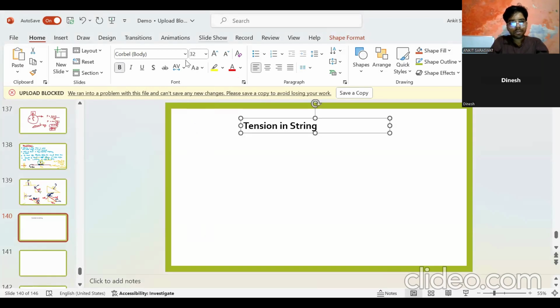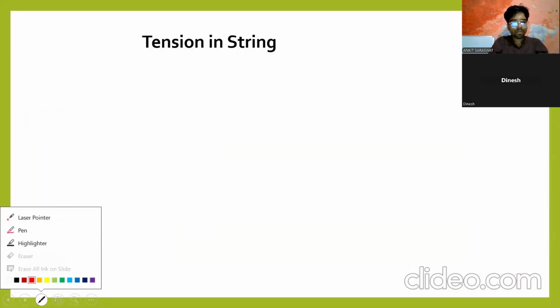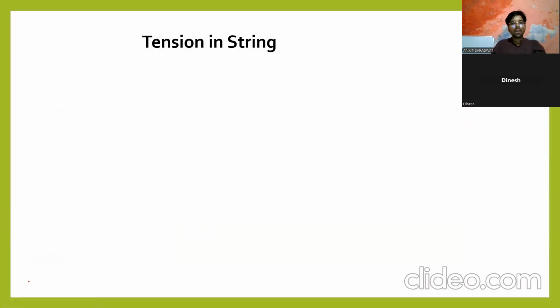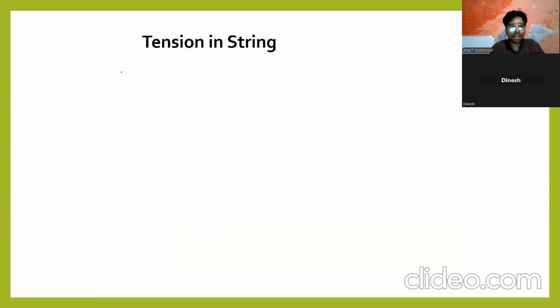Now see. Just write. Tension in a string means, for example, if you take any wire, clear? If it is any wire, this wire is made up of some material, clear?